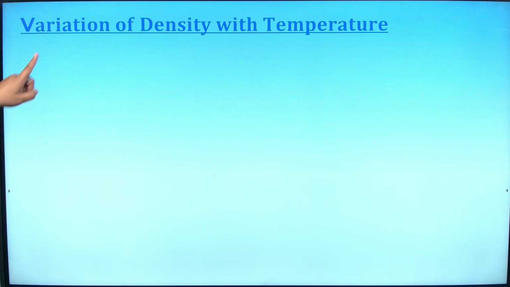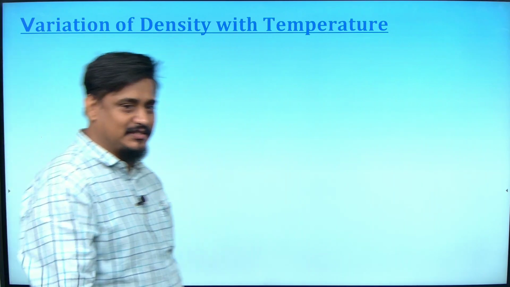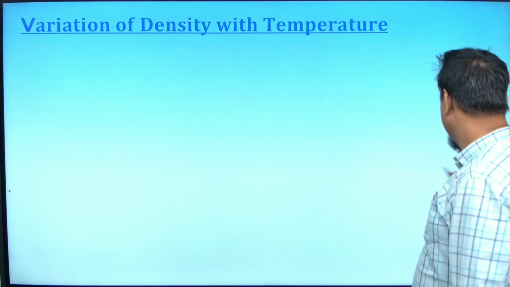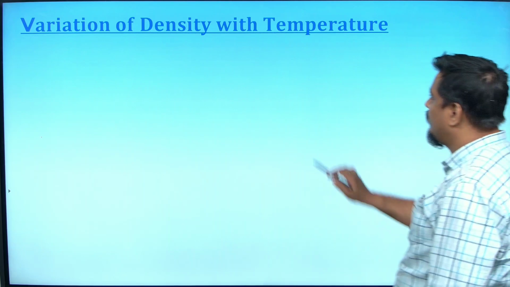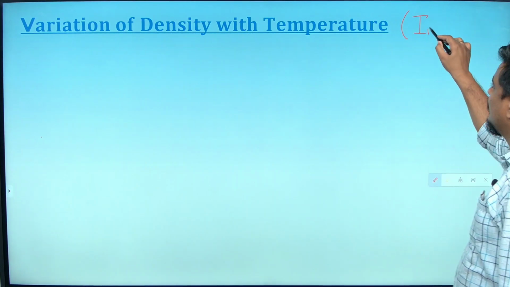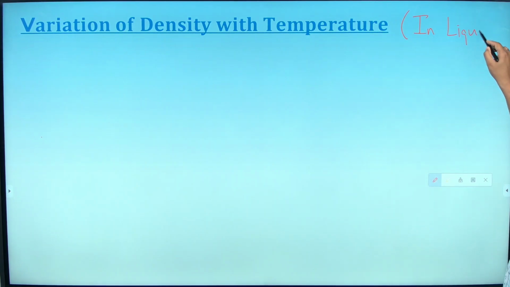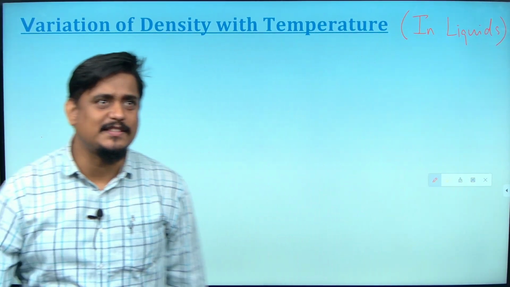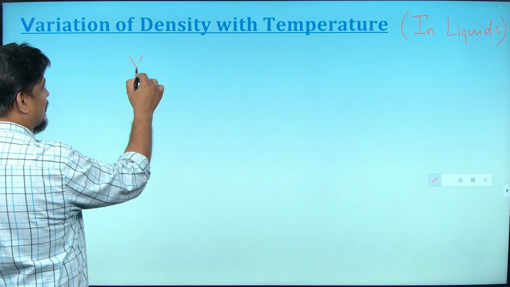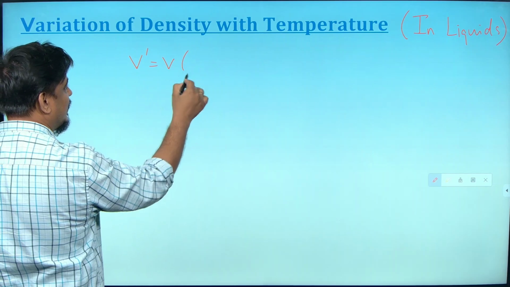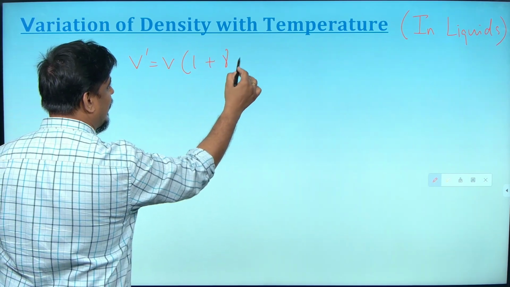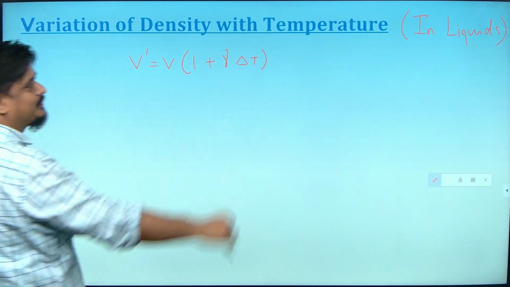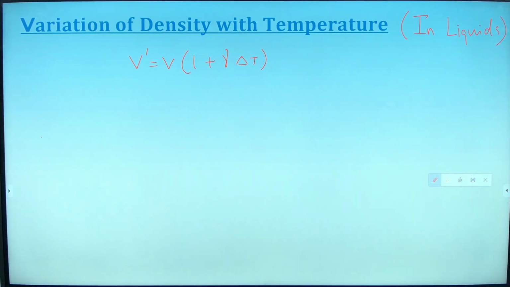The heading is variation of density with temperature, in liquids. Just now you have seen V dash is equal to V into 1 plus gamma delta T. Today is full day with alpha, beta, gamma only.